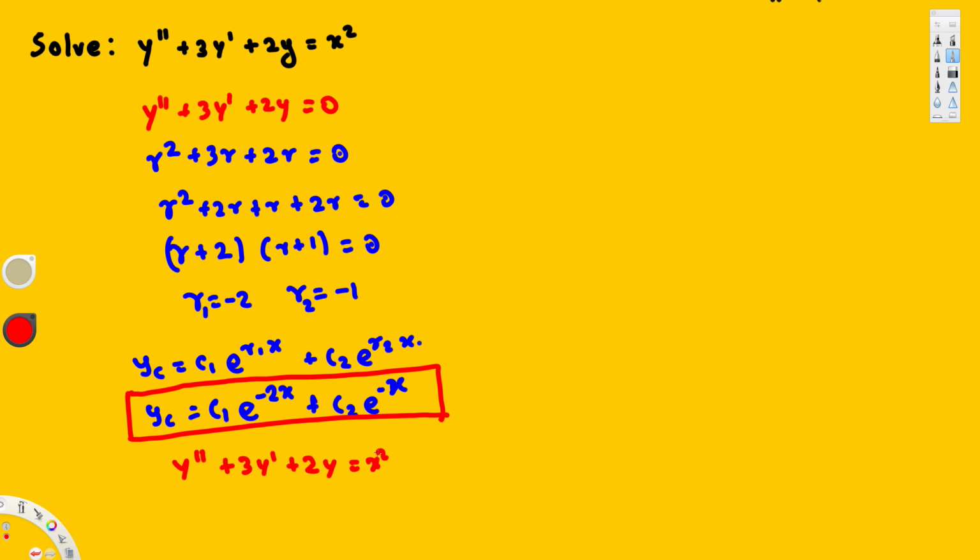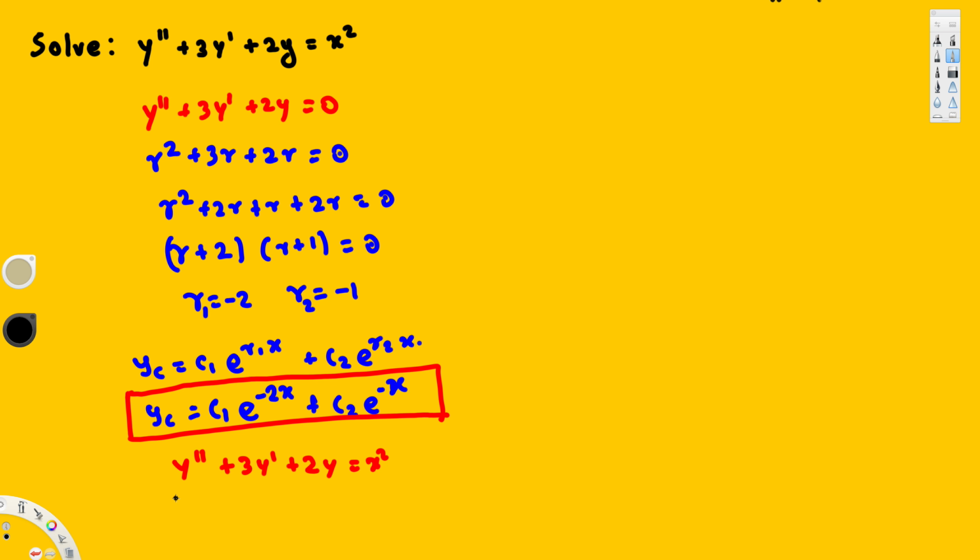Here we are going to use the method of undetermined coefficients. So we take a polynomial and think about it: if we find the second derivative, plus the first derivative multiplied by 3, plus the main function times 2, we expect that to give x square.